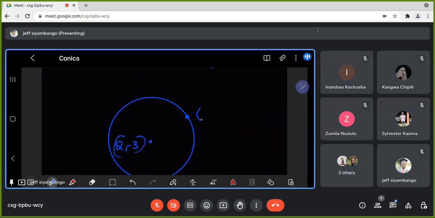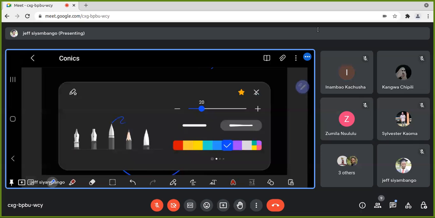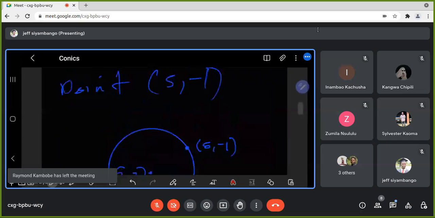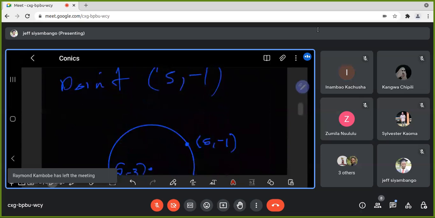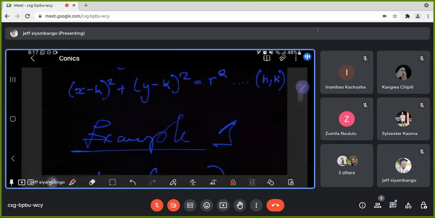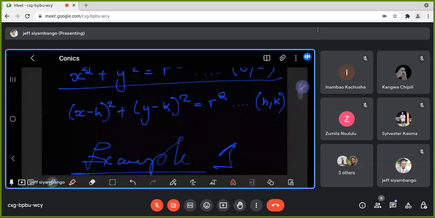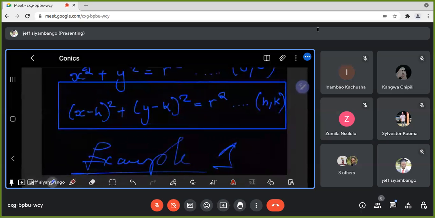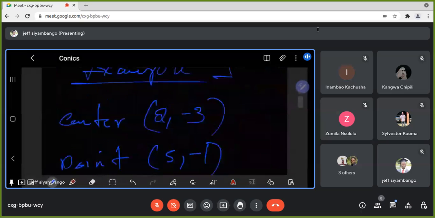Now, if this is where our 5, -1 is, to give the equation of a circle, how do we do that? Well, the radius can be found. Since this is obviously not centered at the origin, it implies that we are dealing with this version of a circle. So the left-hand side becomes quite obvious.